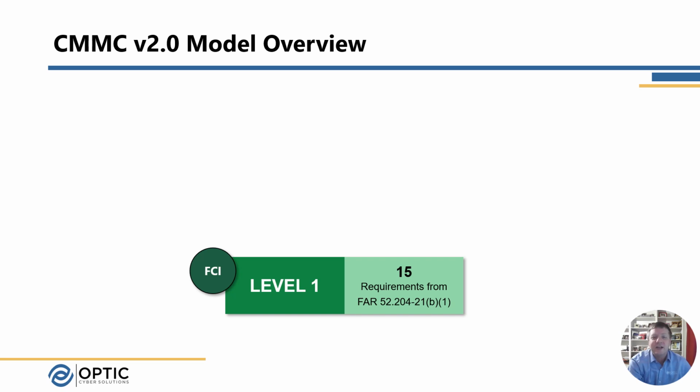This is a slight change from the original draft CMMC 2.0 that included 17 practices for Level 1, but really not much of a change at all, because what the DoD has done here is they've just gone back to the original FAR clause, whereas one of the FAR statements previously was broken down into 3 specific requirements because of the "and" statements within it. But that caused a little bit of confusion based on the comments that came back.